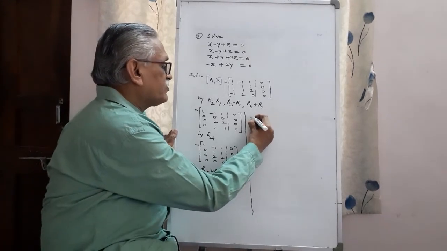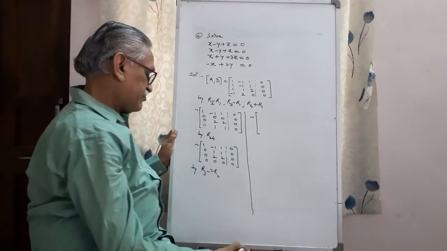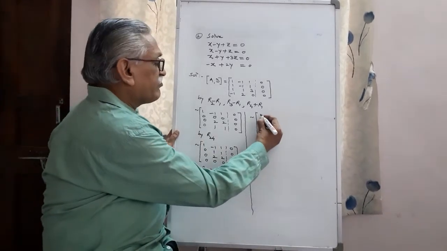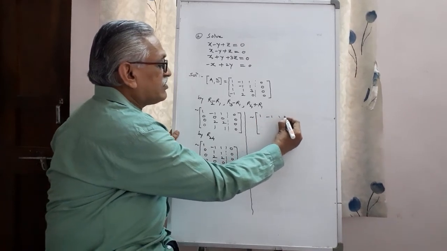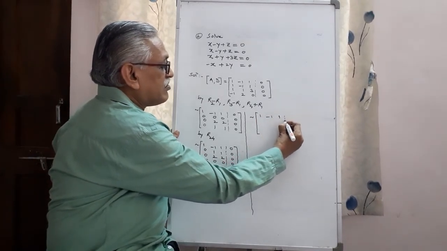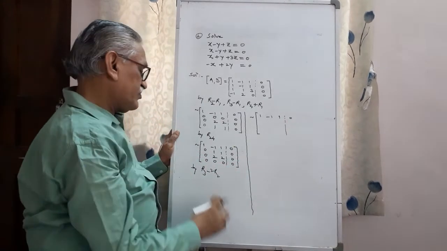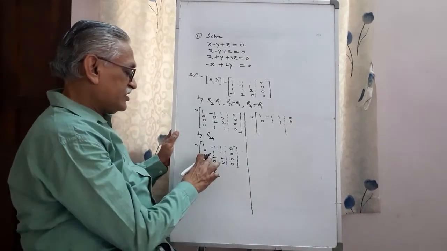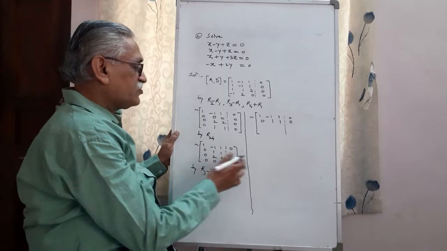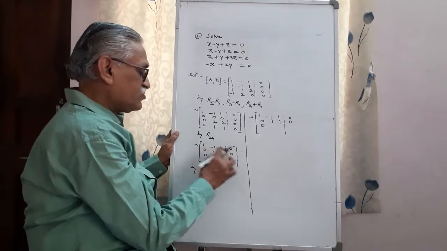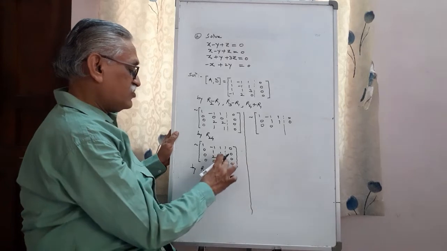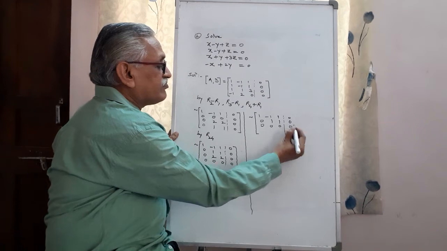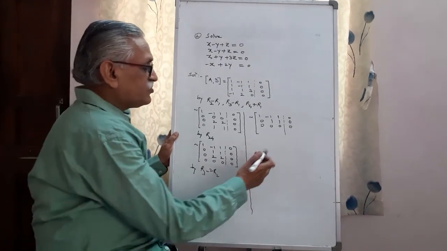The first two rows have no change: 1 minus 1, 1, 0. Second also no change, 0, 1, 1, 0. Changes in the third: 0 minus 2 times 0, 0, 2 minus 2, 2 minus 2, and 0 minus 0. Okay, last row no change.